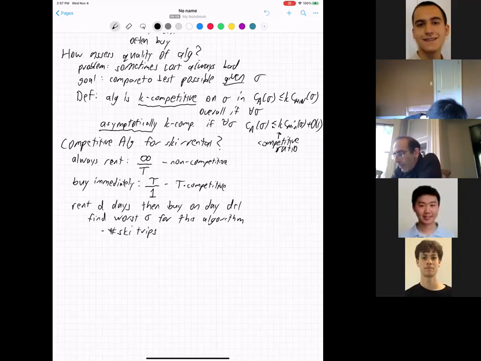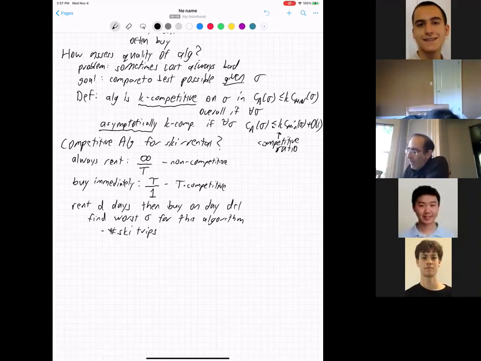So let's think about that. Let's imagine some D. We won't specify it yet, but once I fix a D, let's think about what happens after I fix D, right?